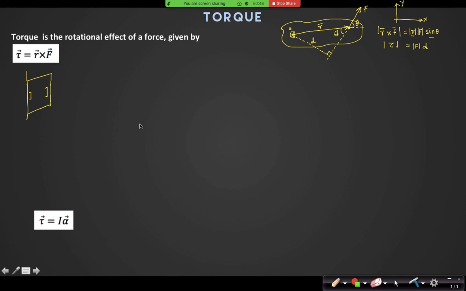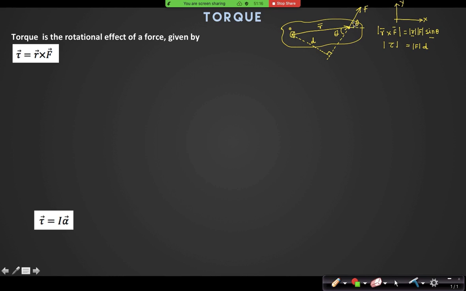Now, another way to understand the direction of the torque is simply to do a cross product, if you are comfortable with that. Otherwise, doing a cross product every time may be time-consuming. But suppose there is a body and you have hinged the body here.